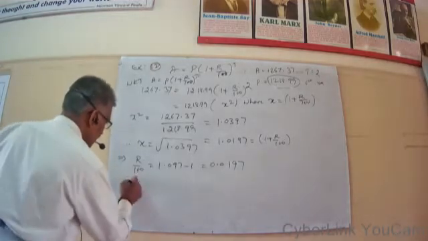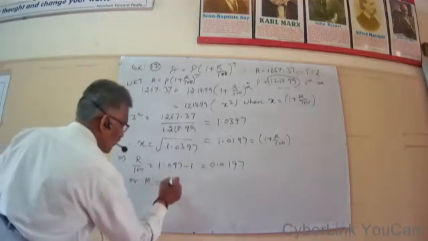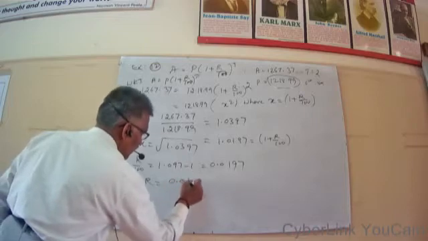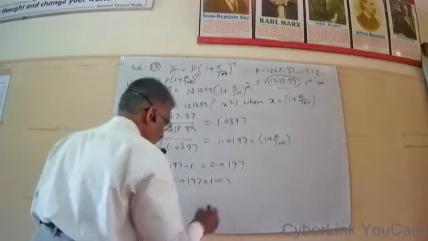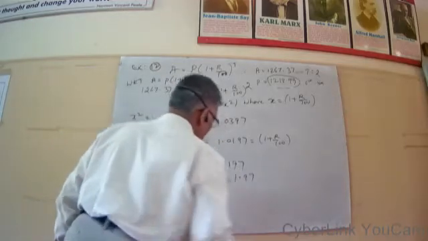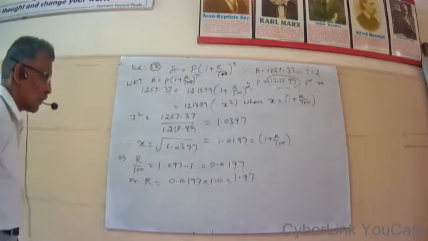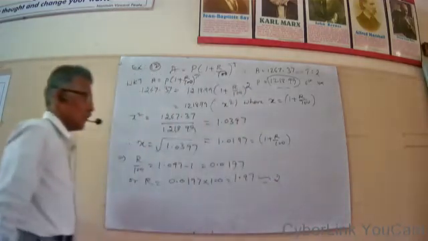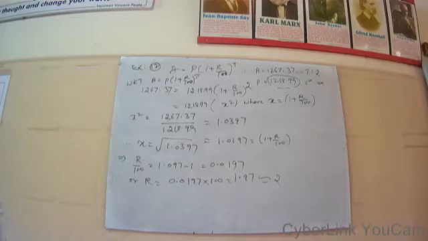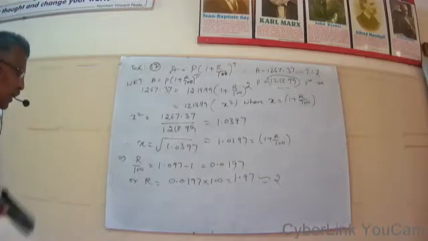Or R equal to 0.0197 into 100, that is equal to 1.97. So R, the rate of interest, is 1.97, I can take it as roughly 2.